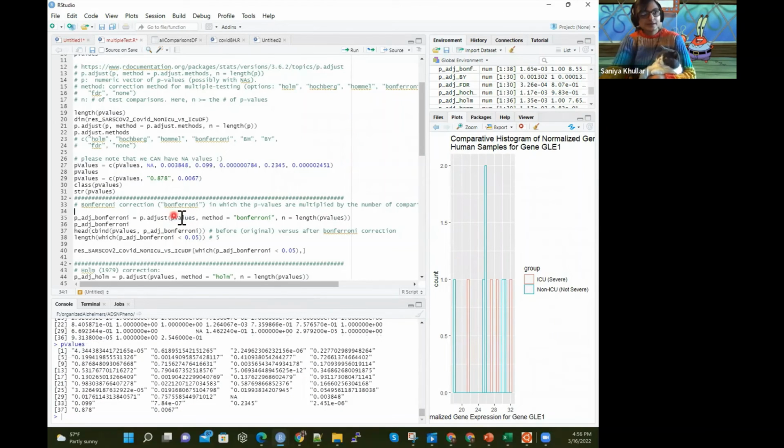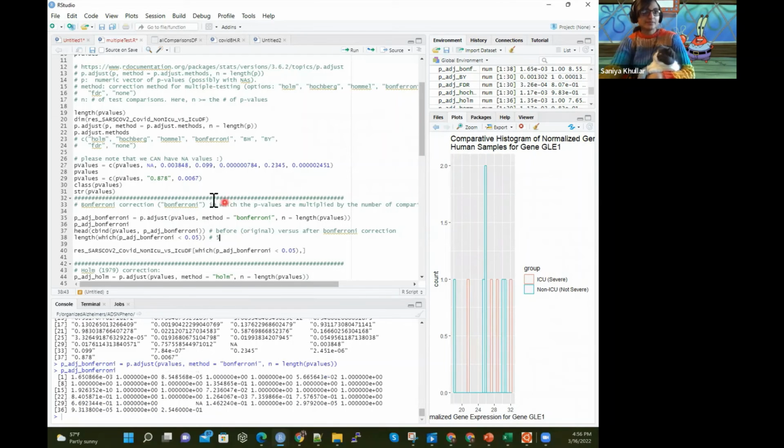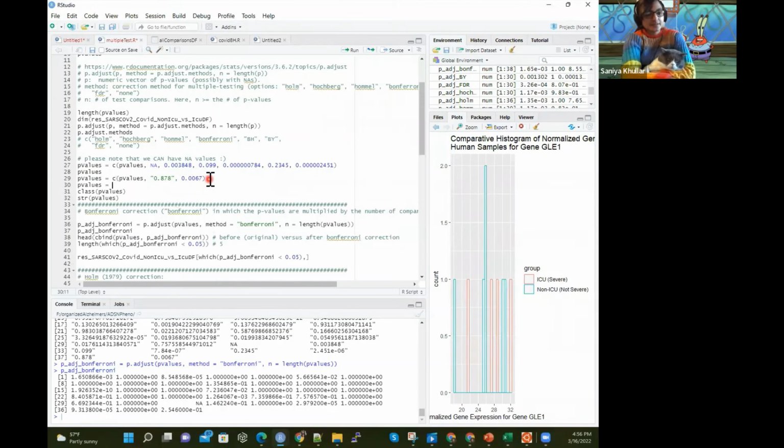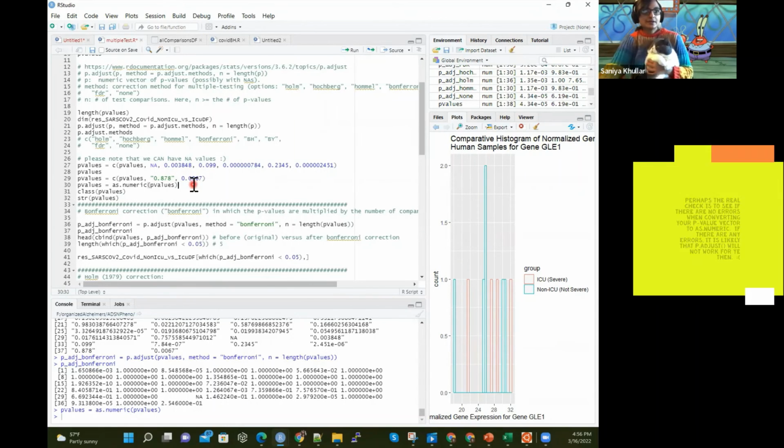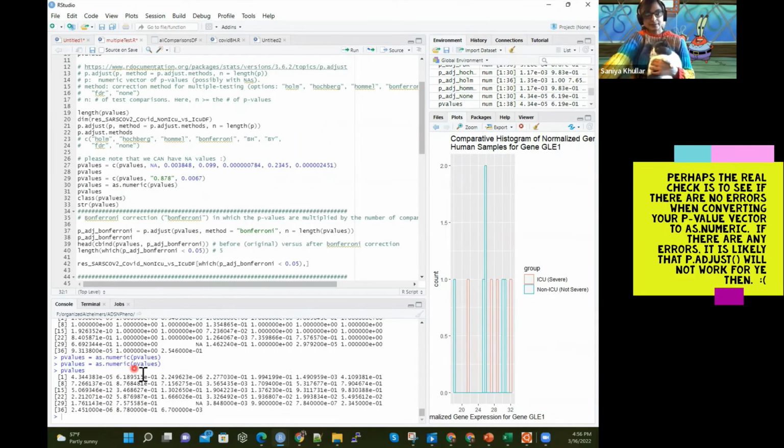It would still work, but I strongly recommend that if they tell you to use as numeric, then just go through the steps and have this as p-values equals as.numeric, and just follow that along. You just want to be careful because if they've documented it and they need certain requirements, some things may not be the best if you don't do that. So just make it numeric.